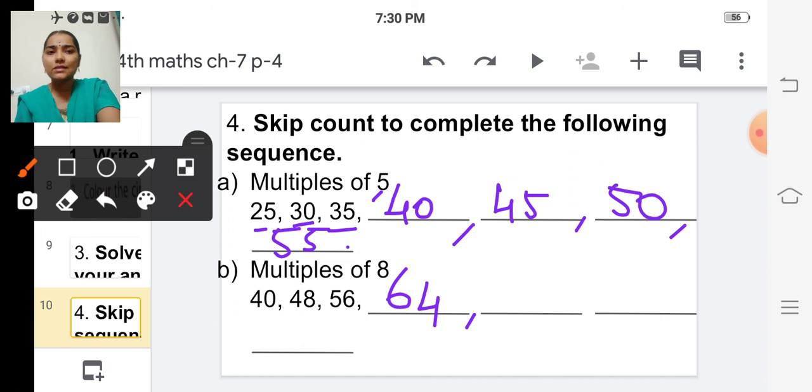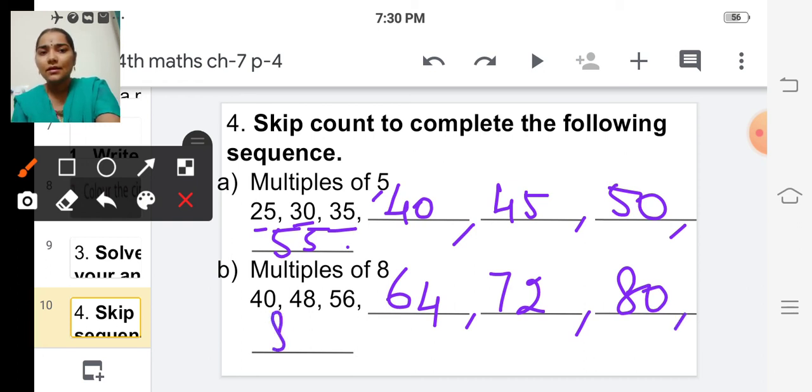And next one, 64 plus 8, 72. 72 plus 8, 80. 80 plus 8, 88. So these are the multiples of 8. That is skip count by 8. Okay. So you can copy down in your textbook, and the remaining one you can try on your own.